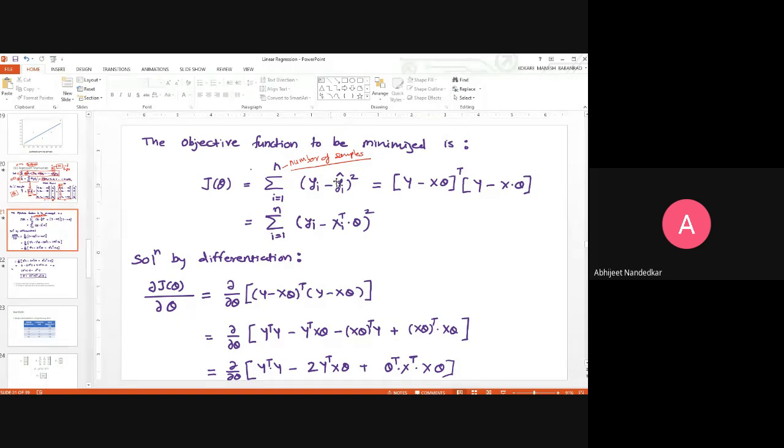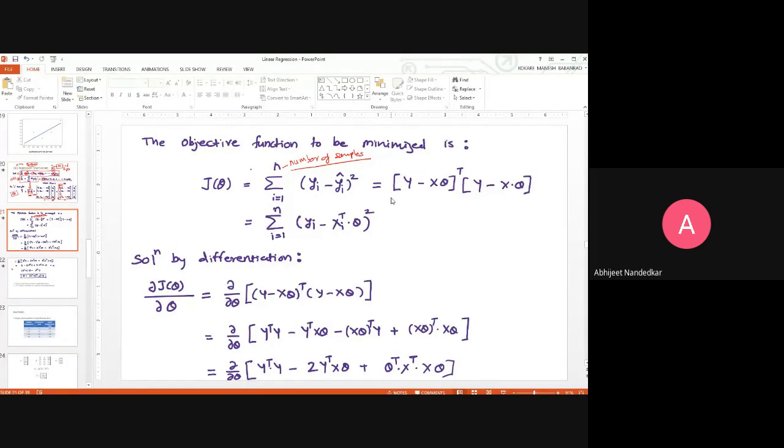We have to minimize this J theta for all training samples from i equal to 1 to n, such that this squared difference between estimation and actual value is minimized.